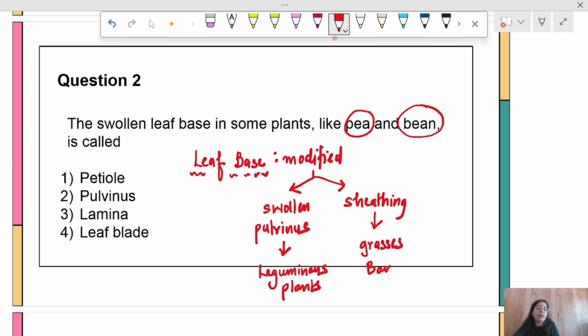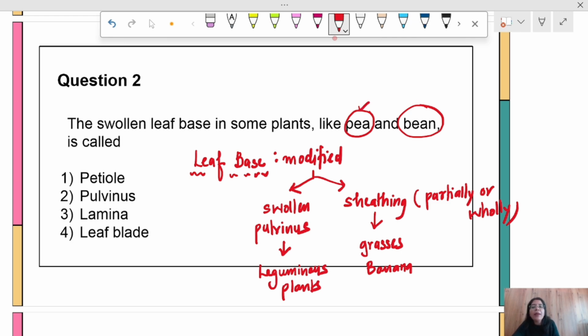In banana you will see. Okay, and this sheathing can be either completely encircling the stem or partially, half encircling the stem. Okay, these are the two modifications of leaf base.